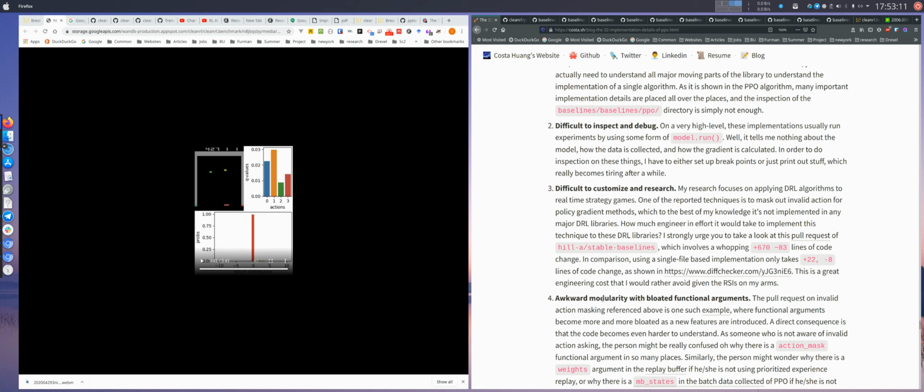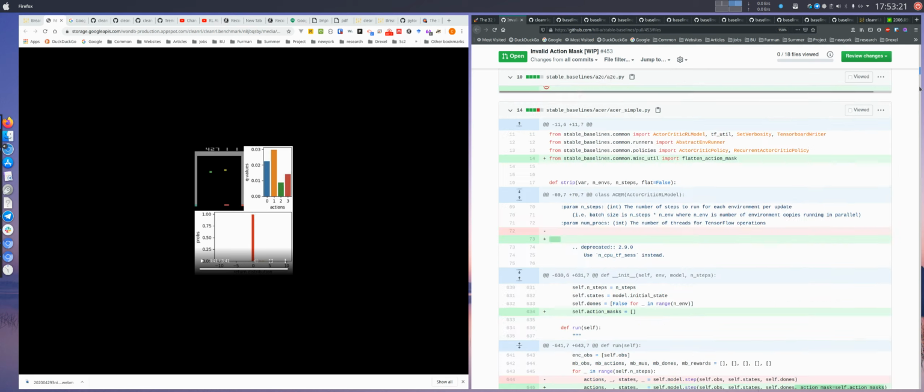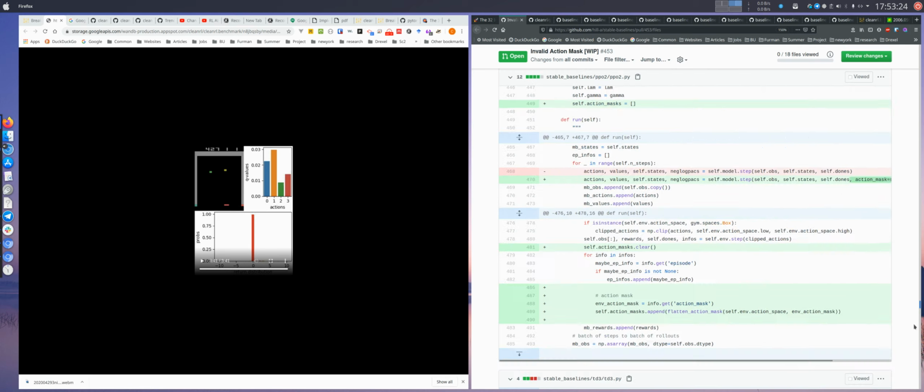And also, it's difficult to customize and research. Imagine, as an example, how much effort it would take to include a technique called invalid action masking. So this is how much effort it would take.